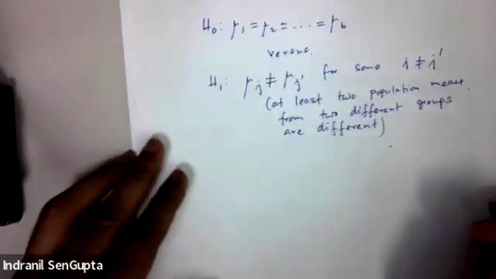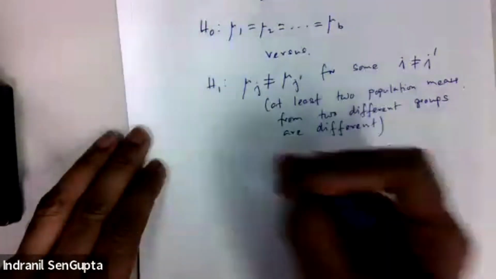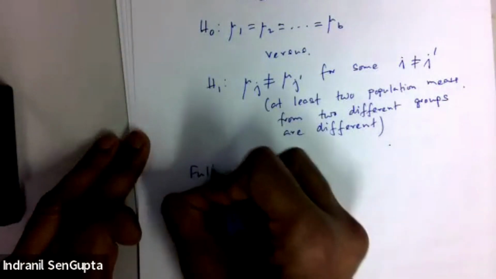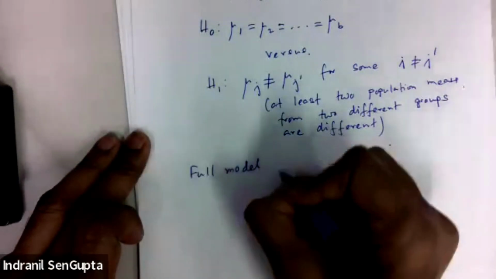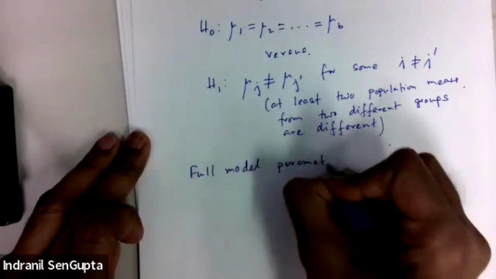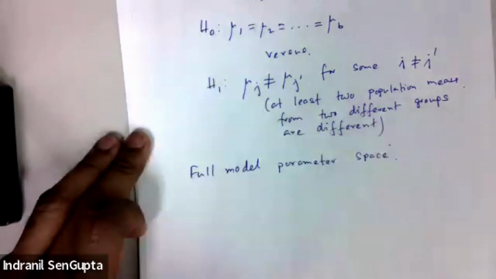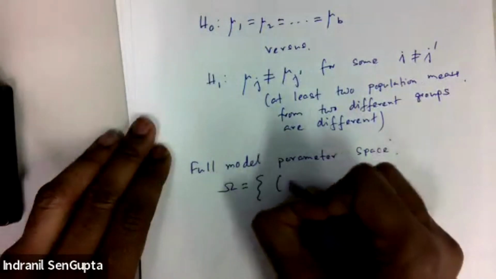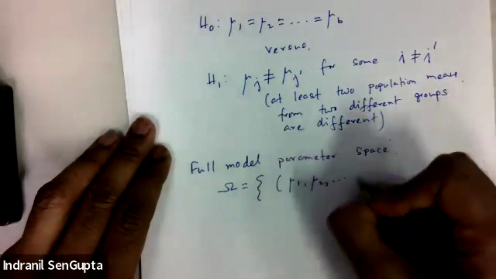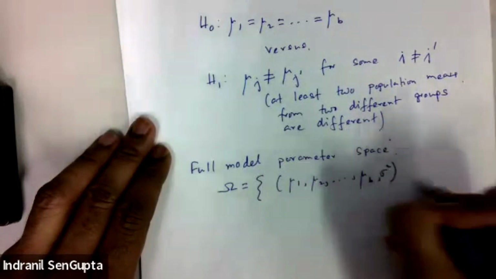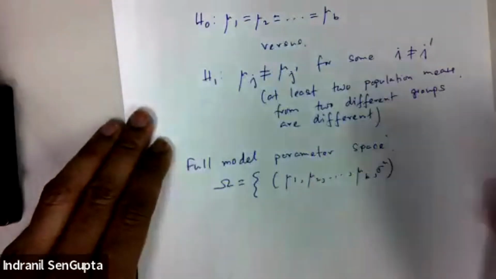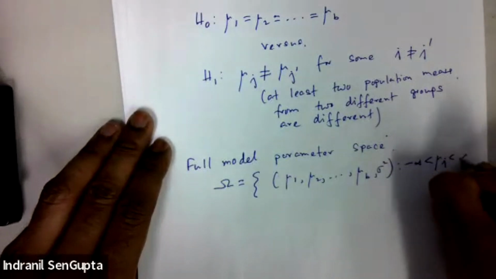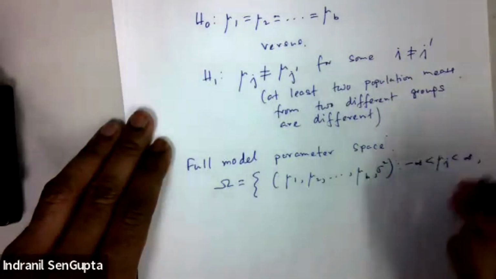So the likelihood function, so there are two different things. First of all, I will call it the full model parameter space, which we will denote by omega, which is equal to mu1, mu2, up to mu b, sigma squared, such that this mu j is any number and sigma squared is positive.